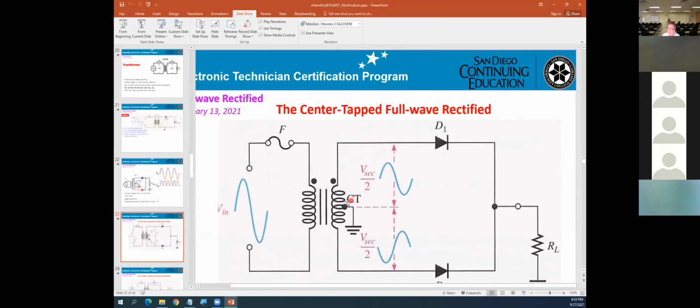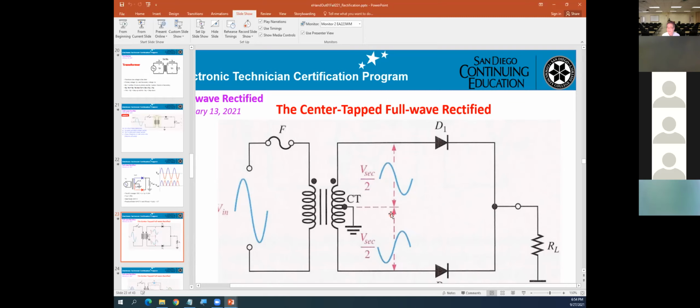And this is a center tap transformer. They divide the signal on the top and the bottom, the same value. The half value of the secondary voltage. If you get a secondary voltage here, divide by 2, you get this voltage. That's what they say, V secondary divided by 2.